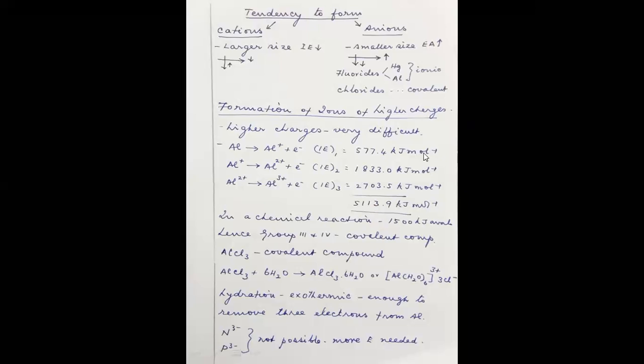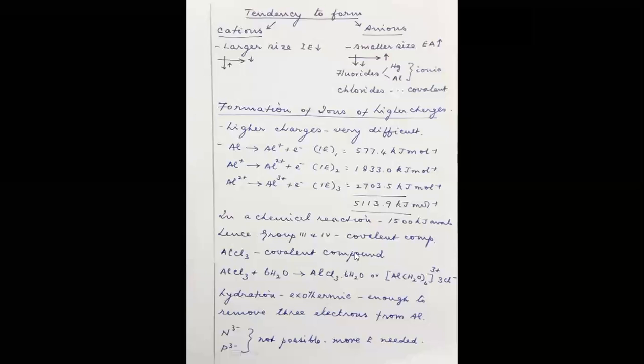So if you want to remove 3 electrons from the aluminium to make an ionic compound, that is the ion with a higher charge, you will have to spend 5113.9 kilojoule per mole.